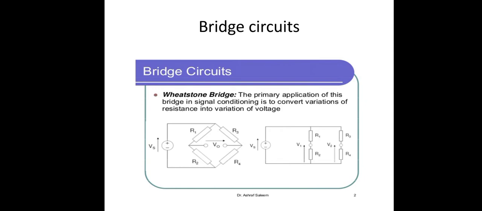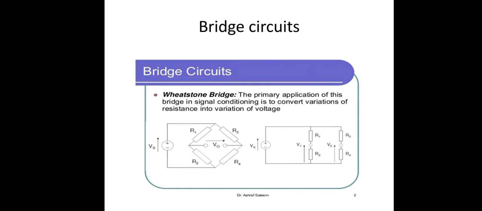Suppose a resistor is adjusted to balance the bridge circuit. This is the Wheatstone bridge circuit. The primary application of these circuits is signal conditioning, converting a variation of resistance into a variation of voltage.